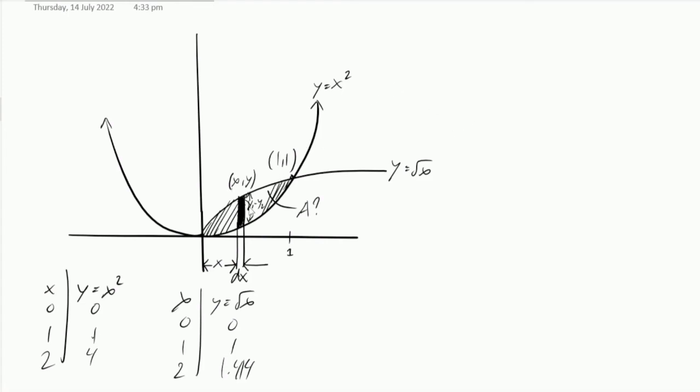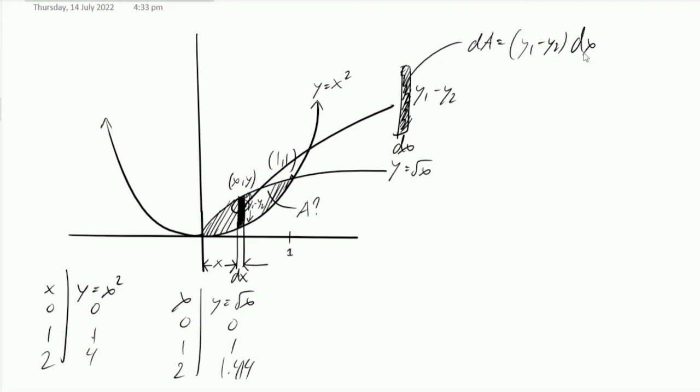Now if we look at it, the vertical strip here is dx below, and then y1 minus y2 on the side. So if we solve for it, this is the area right here, the derivative of the area is equal to y1 minus y2 dx.